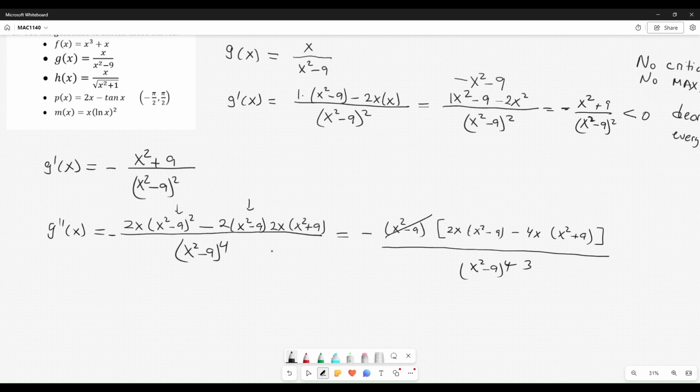Now you distribute here and combine later. This is 2x cubed minus 18x minus 4x cubed minus 36x. Okay, now combine.